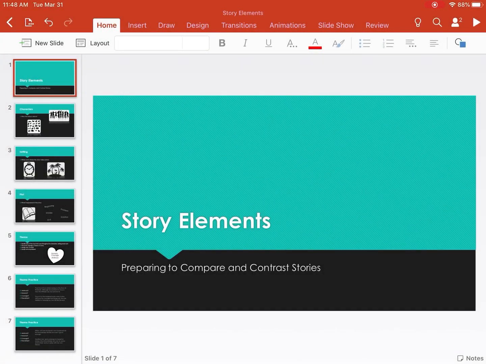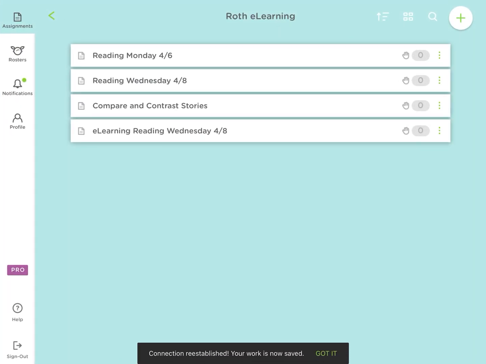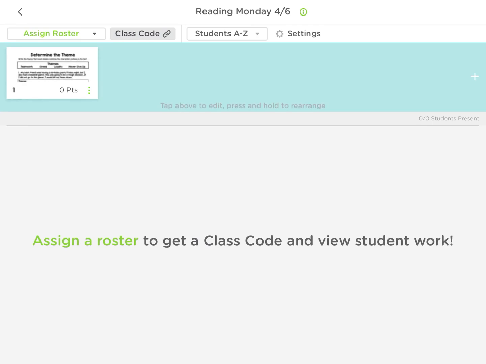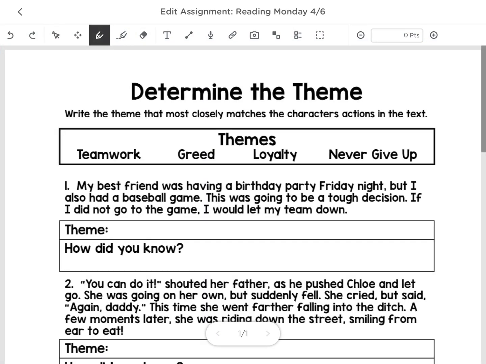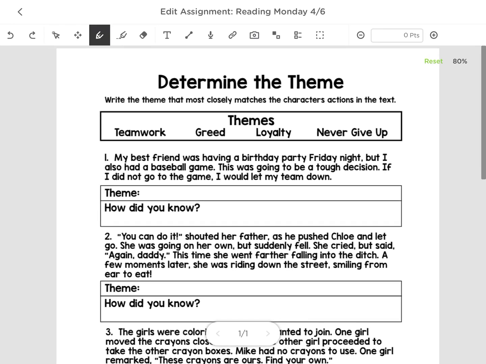we're going to go over to Classkick. I will show you the worksheet, and then you can go ahead and do it on your own. But when you go onto Classkick, you'll go to Reading Monday 4/6. That is today's assignment. And the worksheet here is called Determine the Theme. It says to write the theme that most closely matches the character's actions in the text.